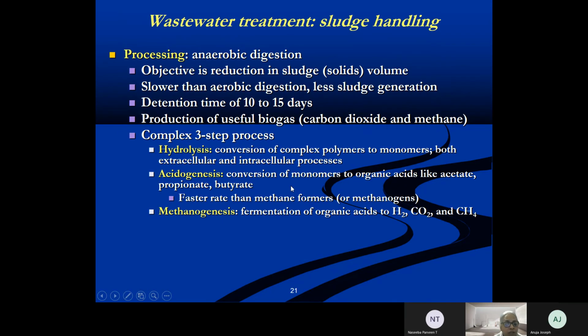Let's look at anaerobic digestion. So the sludge that comes out of the activated sludge process is then taken for anaerobic digestion.